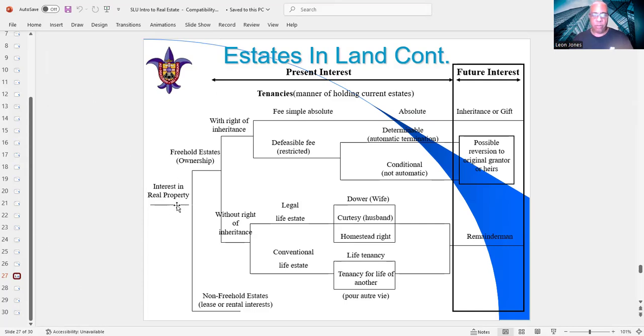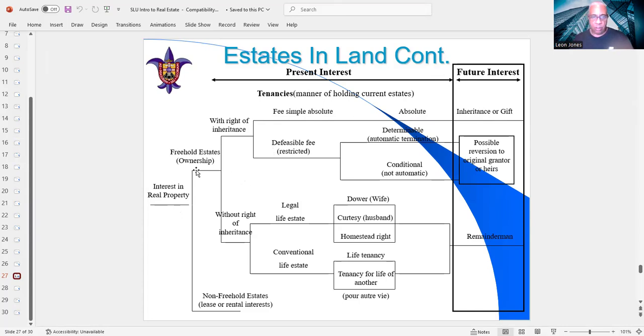You have your interest in real property. So you look at this chart, you have freehold estates, ownership with right of inheritance, then you have the fee simple absolute, and you have your inheritance and gift. So what you really have here is your present interest and your future interest.